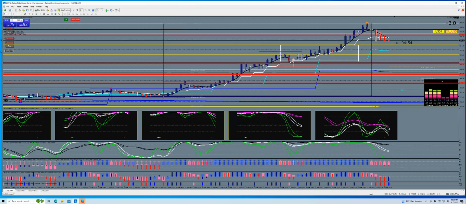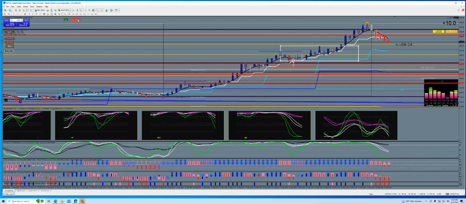There's the 1 minute getting into a trend trade. 5 minutes in a change in direction, which is good. Come on, 15.